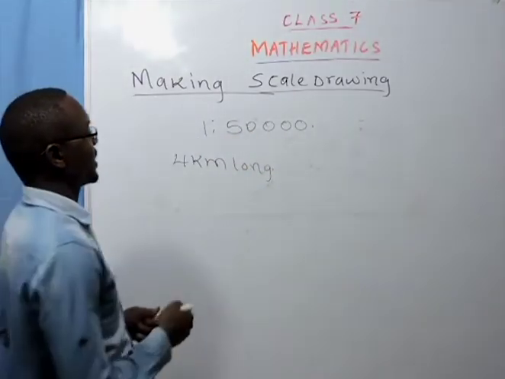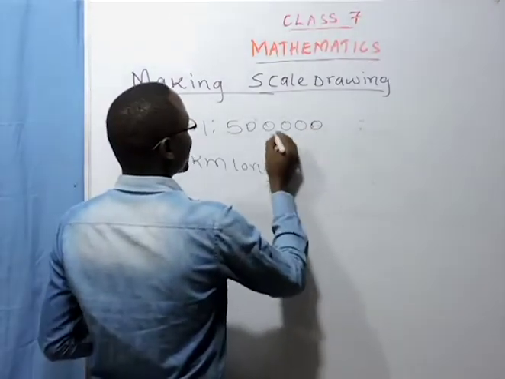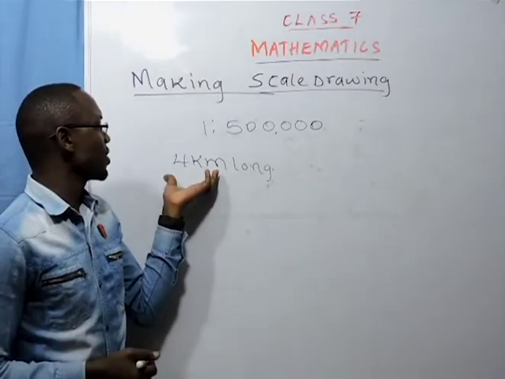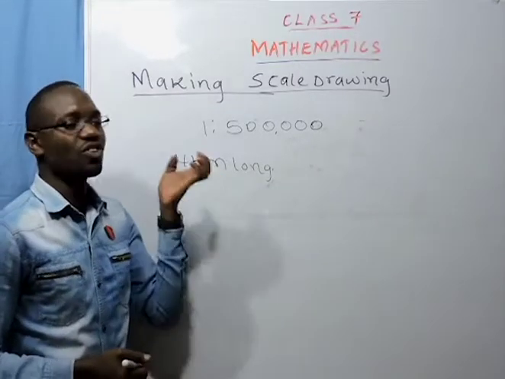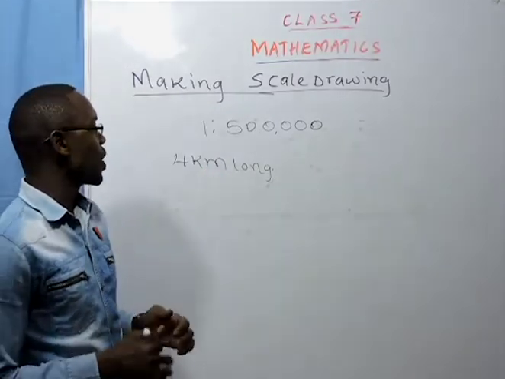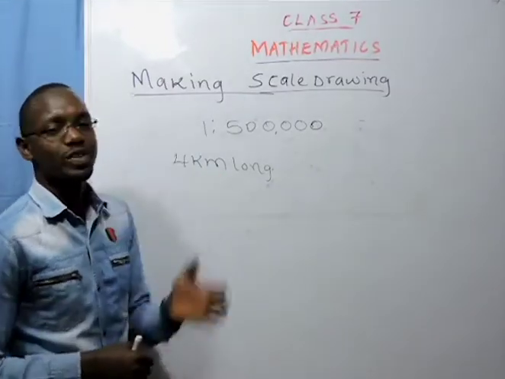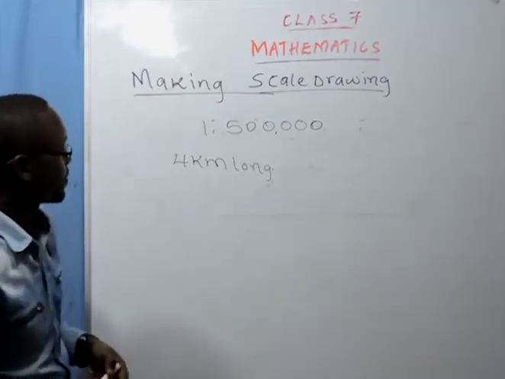A road 4 kilometers long is represented on the map. What will be the drawing length of that road on the map?